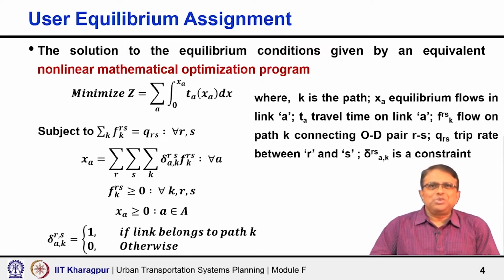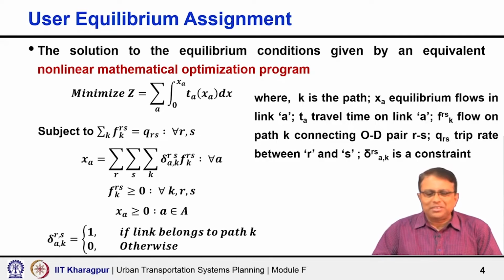The solution to the equilibrium condition may be given by an equivalent nonlinear mathematical optimization program. We can say travel time on route a is t a, and t a is a function of x a.